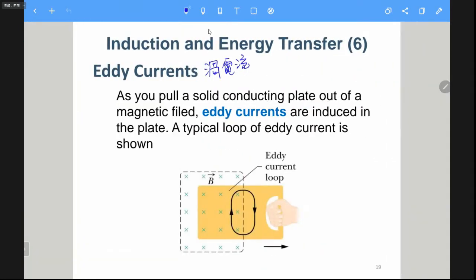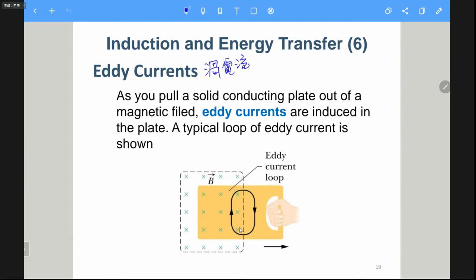Actually, if you try to pull out a solid conducting plate, something like a cutting board but a metal cutting board, out of a magnetic field, eddy currents are induced in the plate. A typical loop of eddy current is shown here. So it is similar.